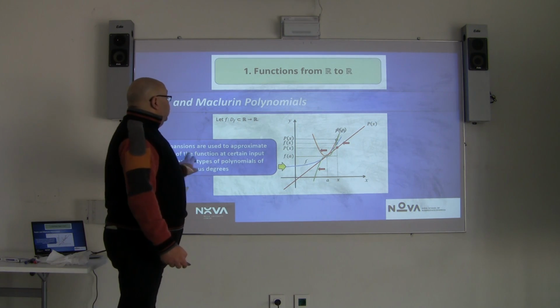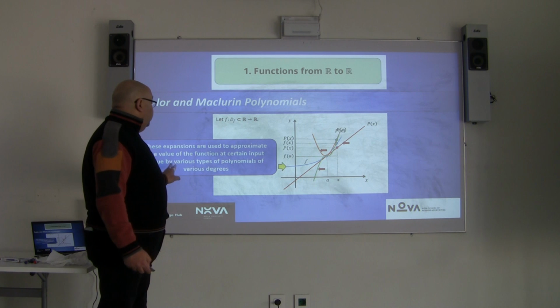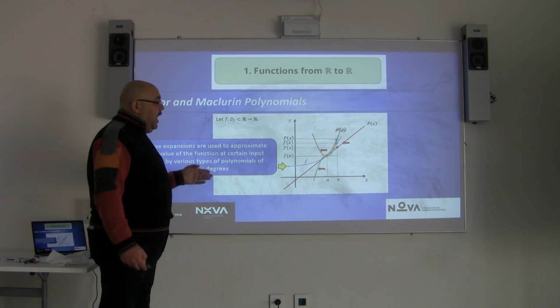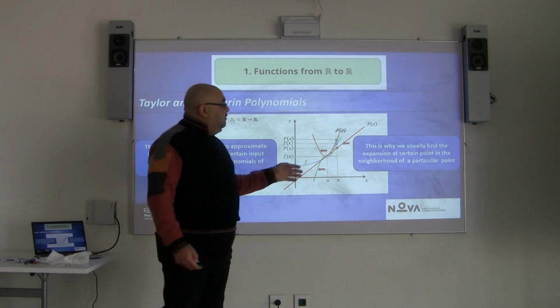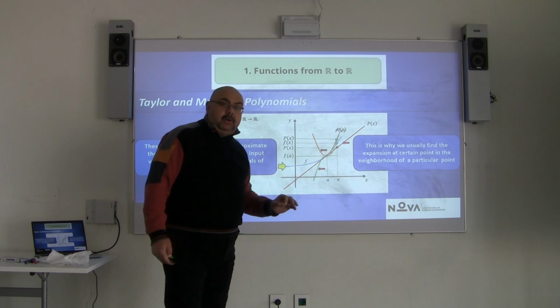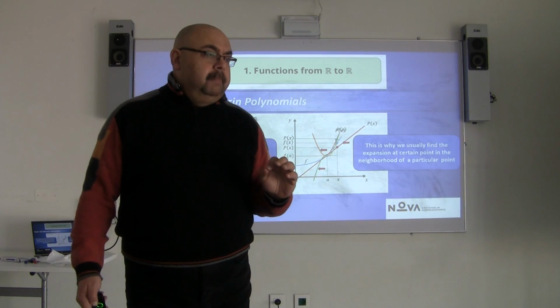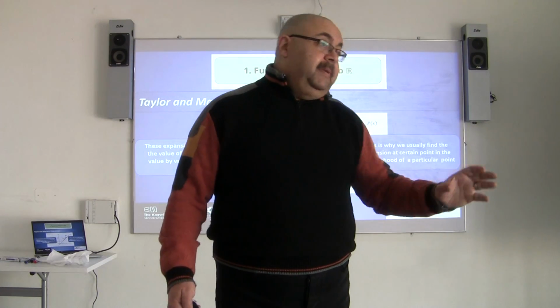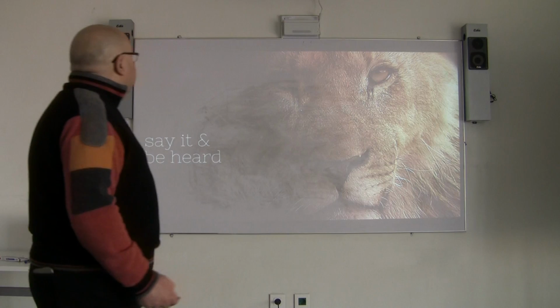These expansions are used to approximate the value of the function at a certain point, using various types of polynomials of various degrees. So if I want to find the value at a specific point, I take a particular point, get the expansion there, and use the equation. With me? Very nice.